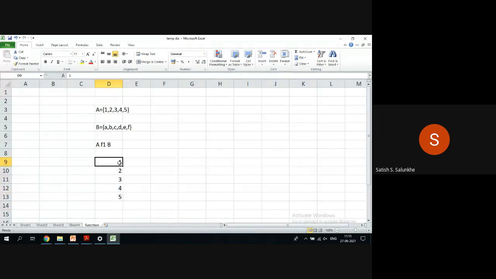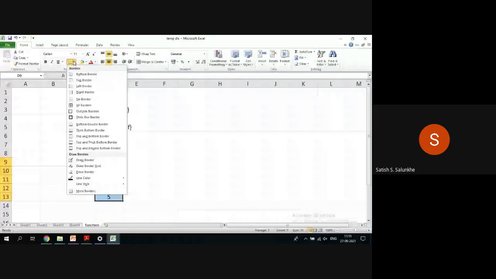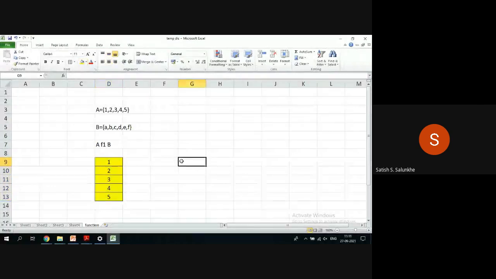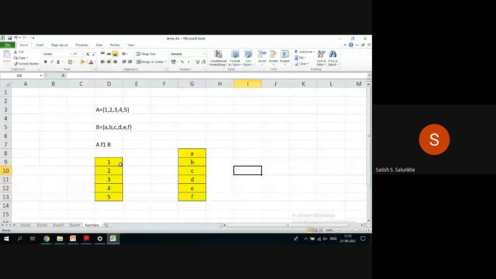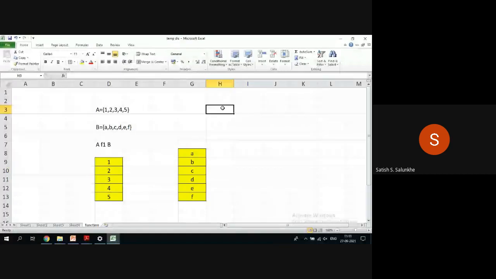This is your set, and this is your set B. Now, what is F1? F1 is a function. It is a relation basically. What is a relation? It is a collection of ordered pairs.